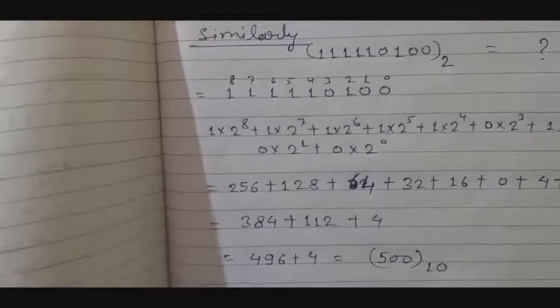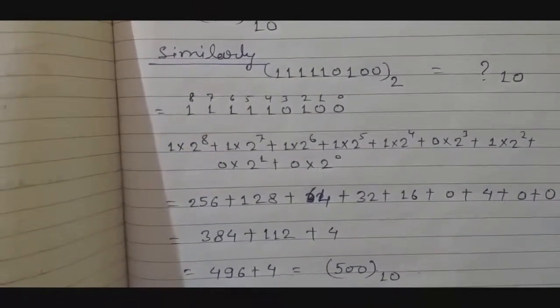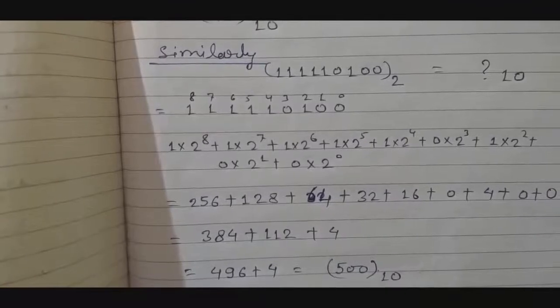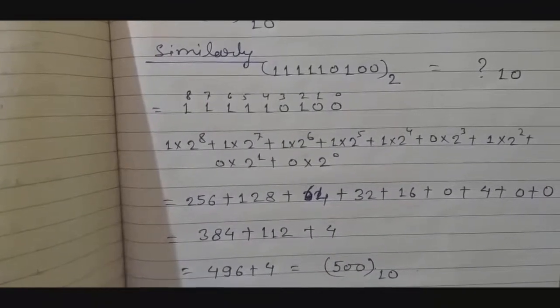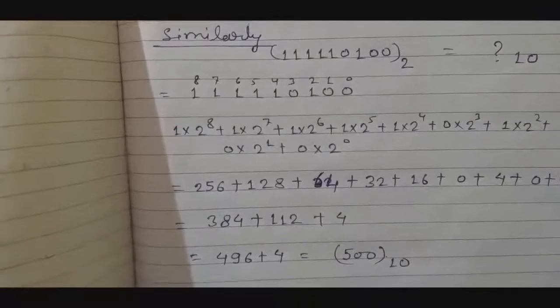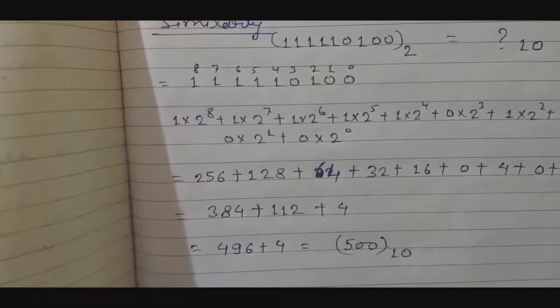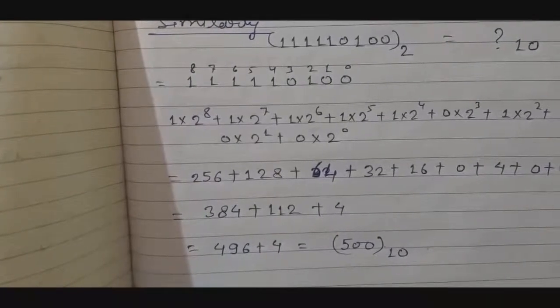After calculation we will get 256 plus 128 plus 64 plus 32 plus 16 plus 0 plus 4 plus 0 plus 0. Then we get 384 plus 112 plus 4, and we will get 496 plus 4 equal to 500 base 10.